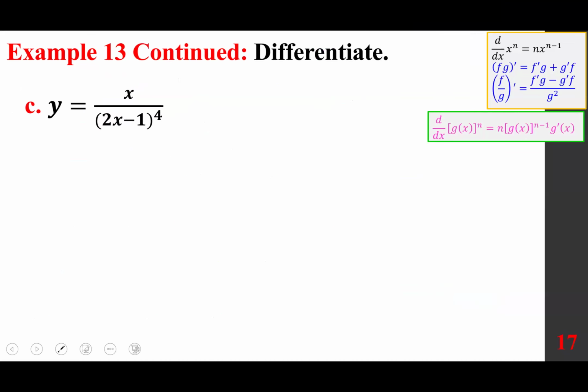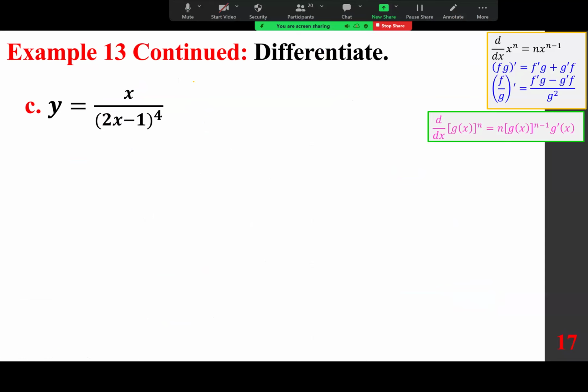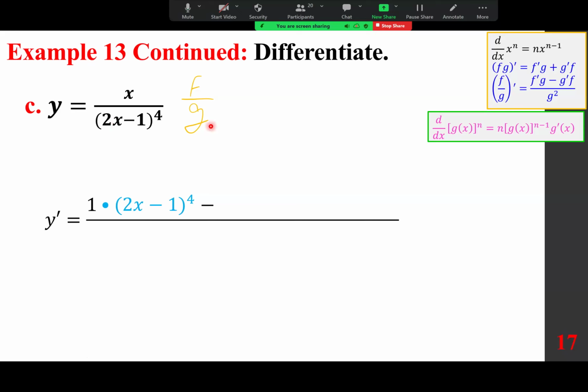We want to differentiate this. We are going to use the quotient rule, f over g. So f prime is 1, just times the bottom, 2x minus 1 to the power 4. Minus g prime. Now g prime uses the extended power rule. That's why it's the chain rule in conjunction with the quotient rule.